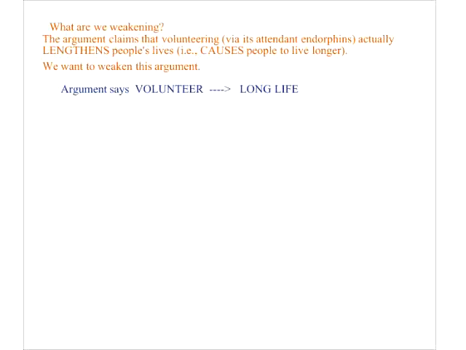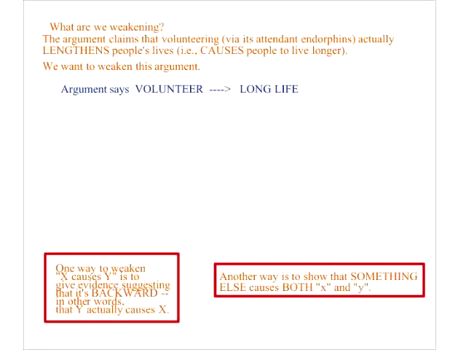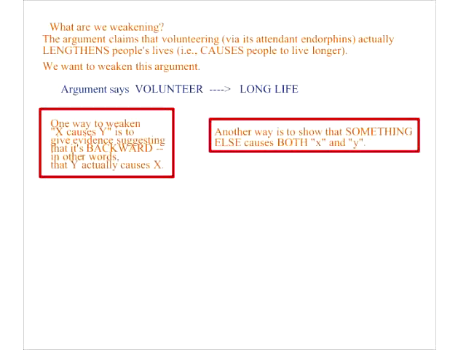Here they are from the other slide. So one type of weakener here would be something that shows that living longer causes volunteerism.